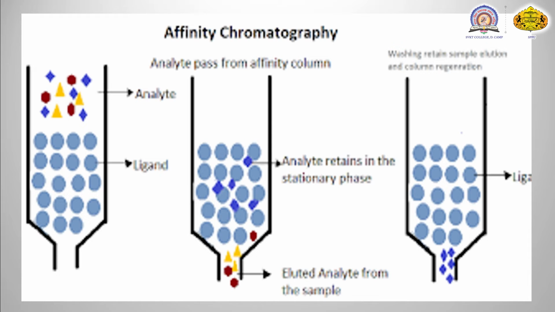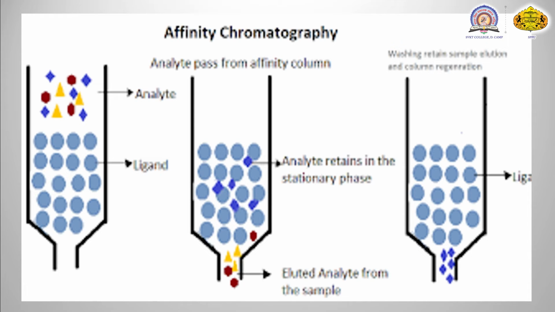A matrix should have certain characteristics. It should be physically and chemically inert. It should be insoluble in solvents, because after attachment you use the buffer, ionic strength or changing pH, and if your matrix were solubilized you couldn't purify your enzyme.